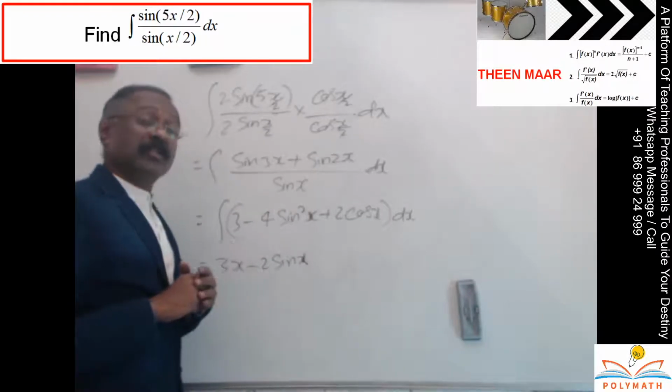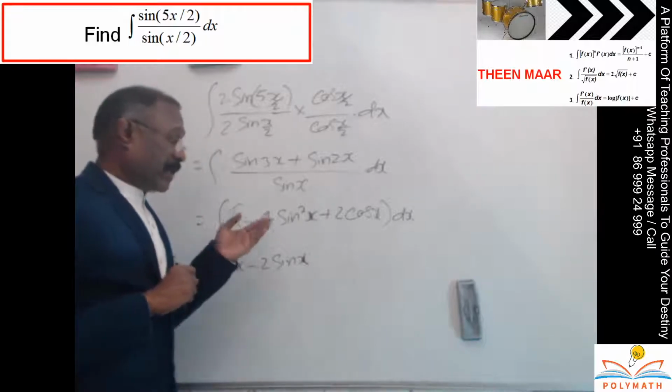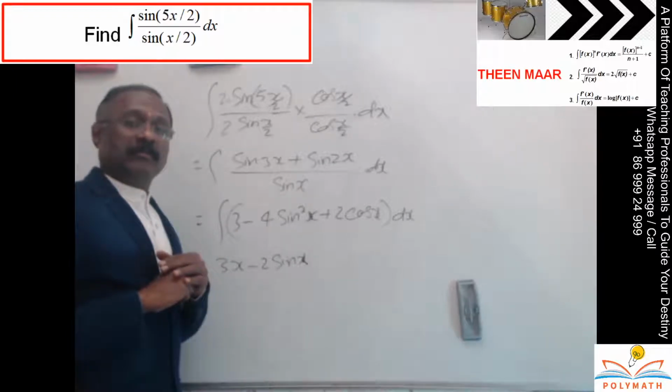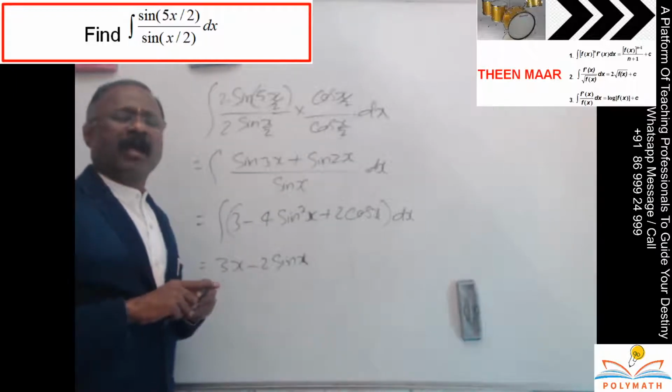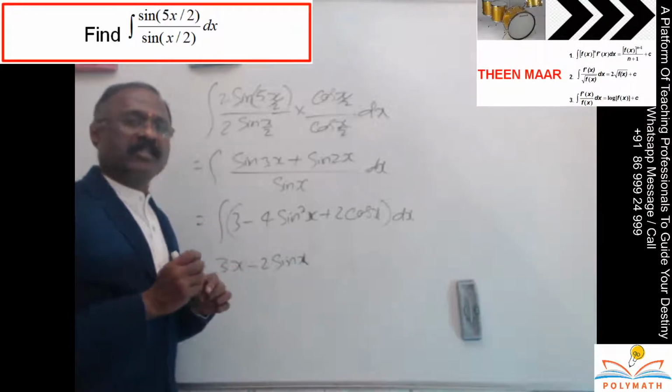But in integration, the integral of 4 sine square x cannot be directly said, because we don't have any chain rule or function of a function rule like we have in differentiation. Unless it is reduced to the standard format, you cannot integrate it.